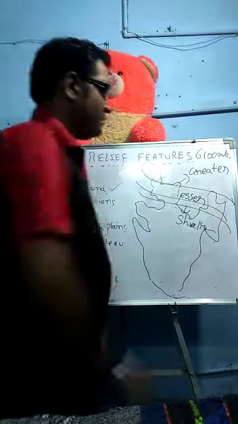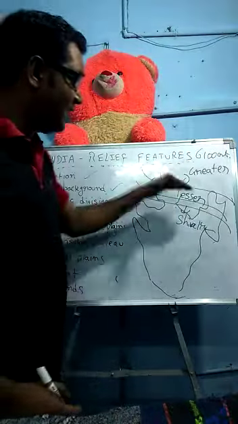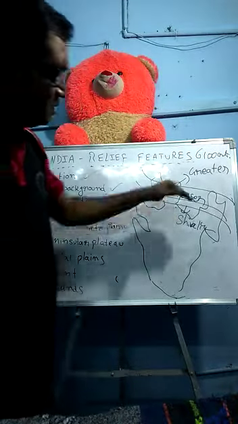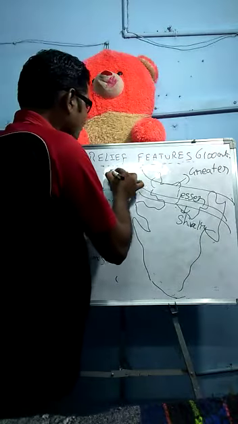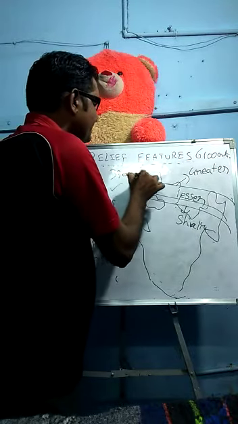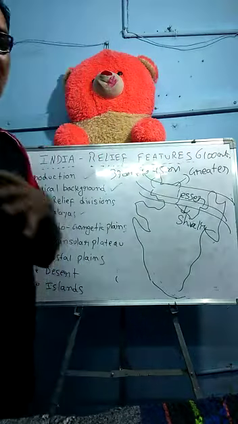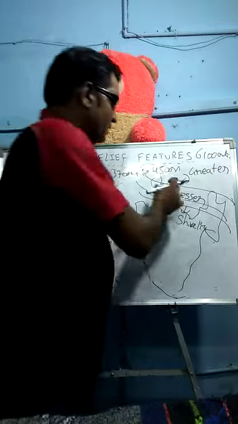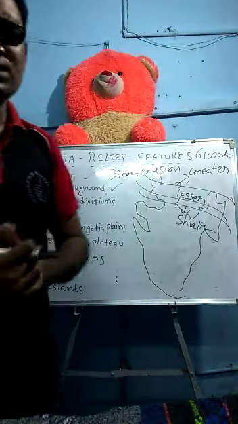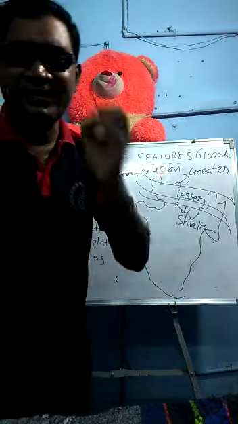South of the Greater Himalayas are the Lesser Himalayas. The height of the Lesser Himalayas is 3700 to 4500 meters above sea level. Small ranges are here: the Mahabharata ranges and Pir Panjal ranges.